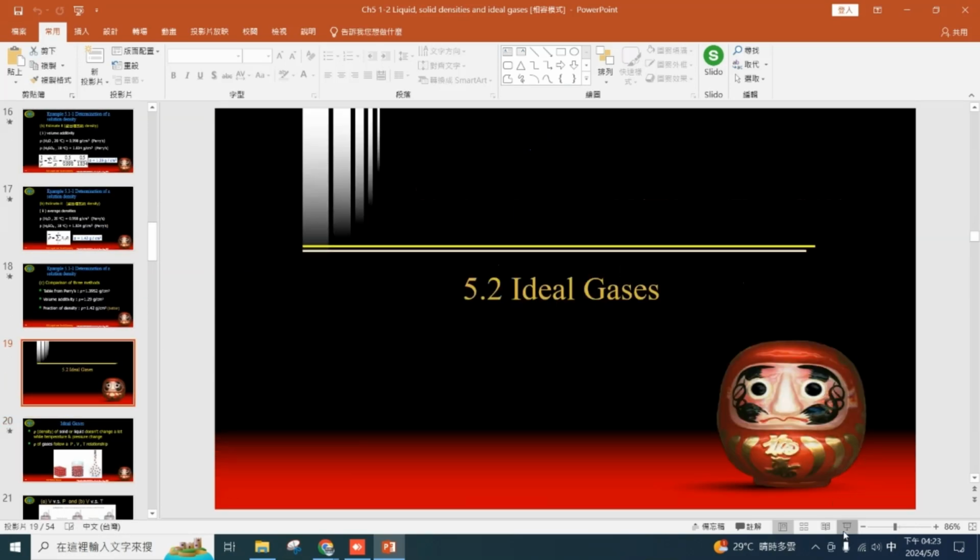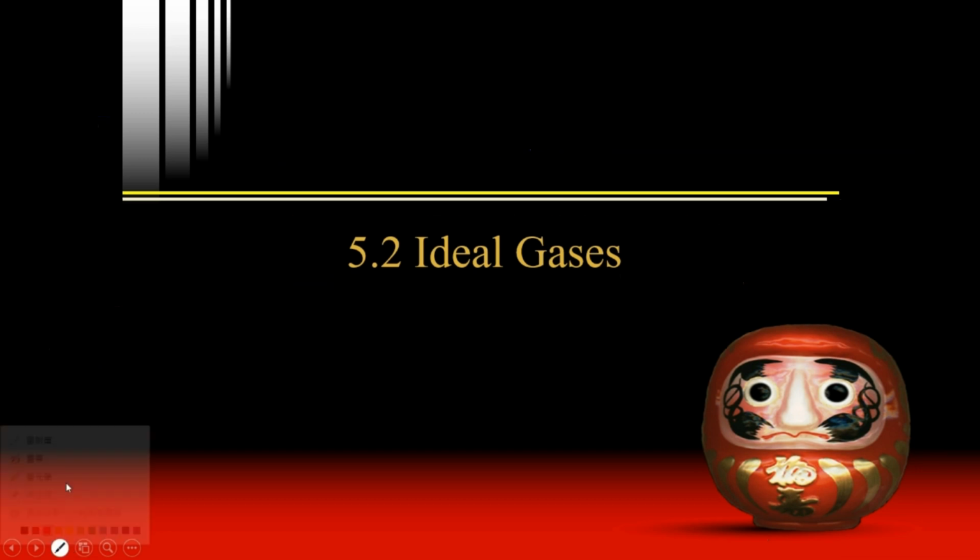So today we want to move to the density of the gas. Okay. And first of all, section 5.2 is ideal gases. If you think of ideal gases, there must be non-ideal gases, right? But first of all, let's talk about the simple case, which is ideal gases.